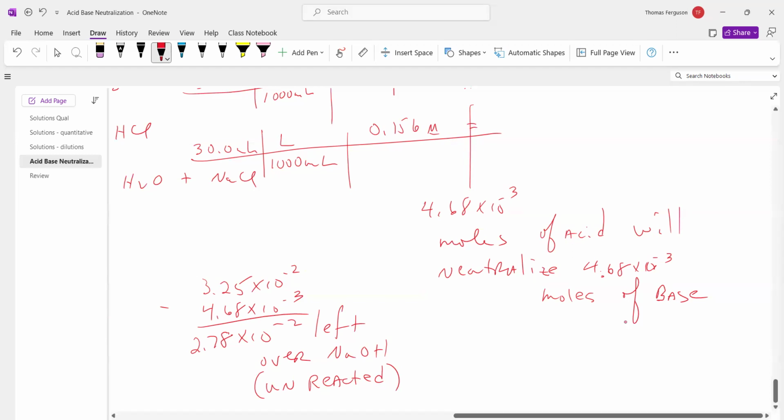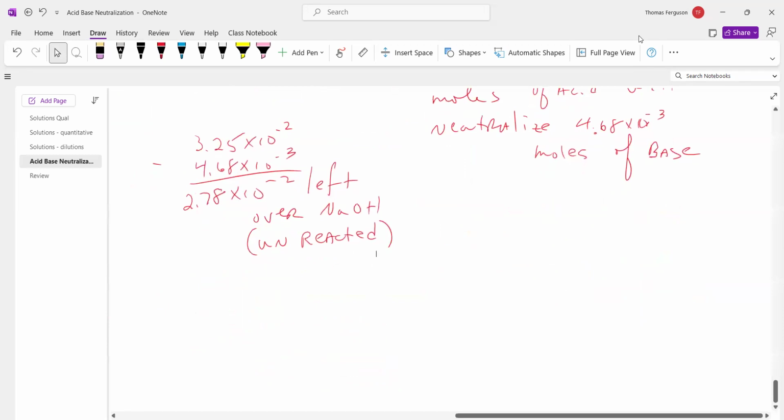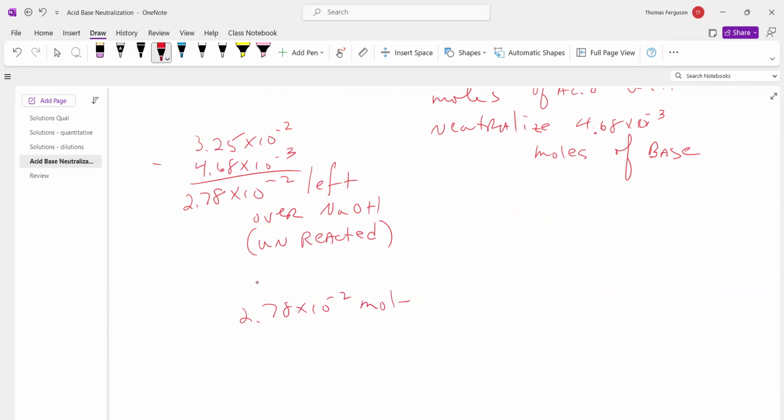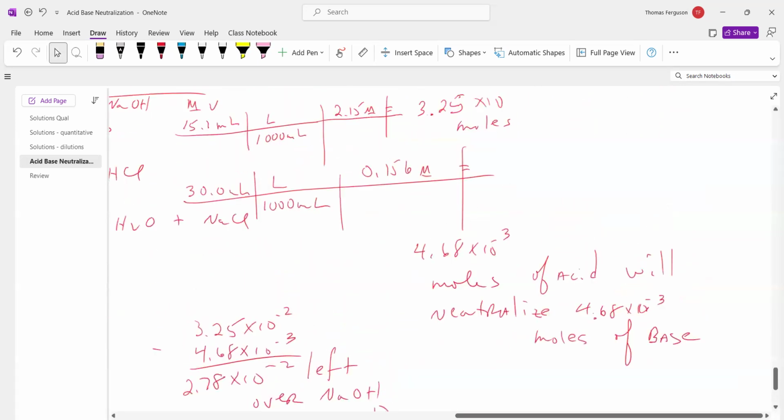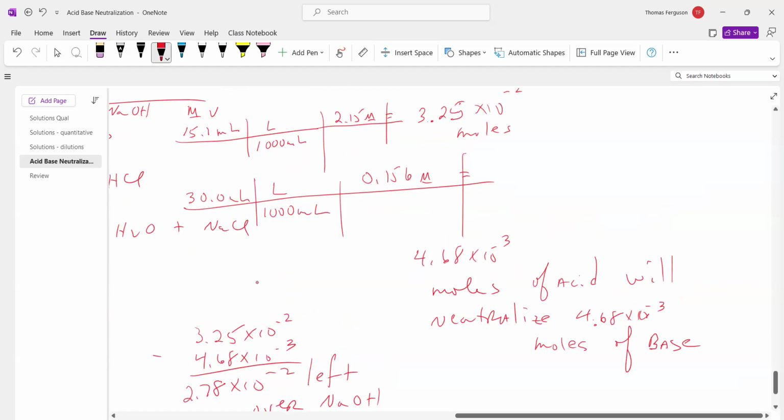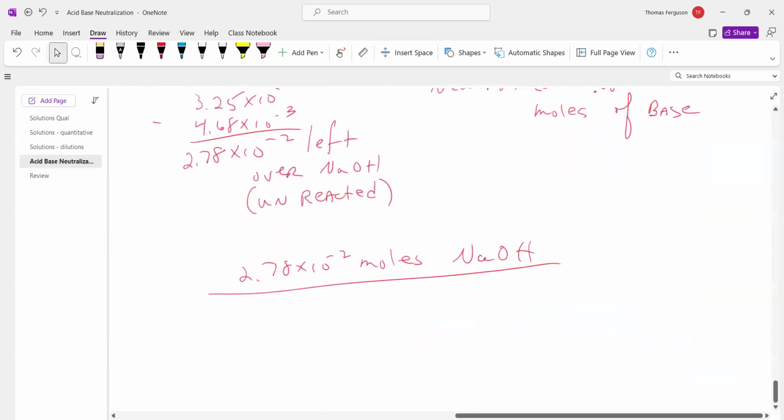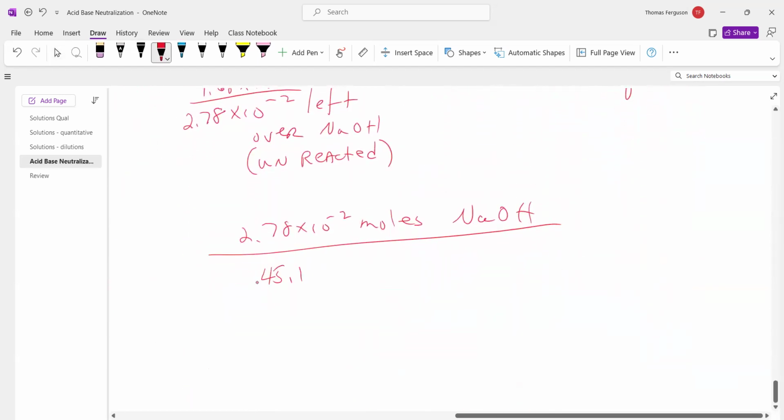Okay, so let's look at our final solution now. Our final volume is we have 15 and 30, so we have basically 45.1 milliliters of solution because we added the two solutions together.